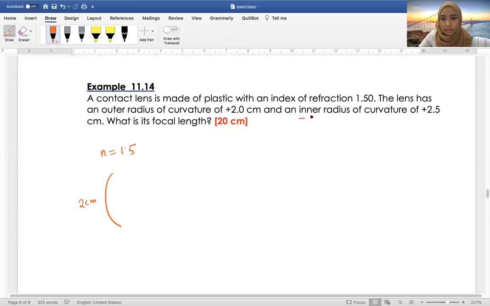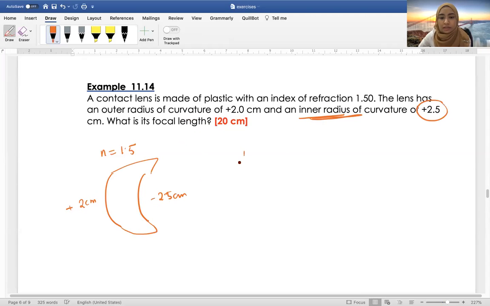So here the word is inner radius, so it should go inside. Even though they give you a positive value, they said inner radius, so inner is negative. Curving outwards is positive, curving inwards is negative.